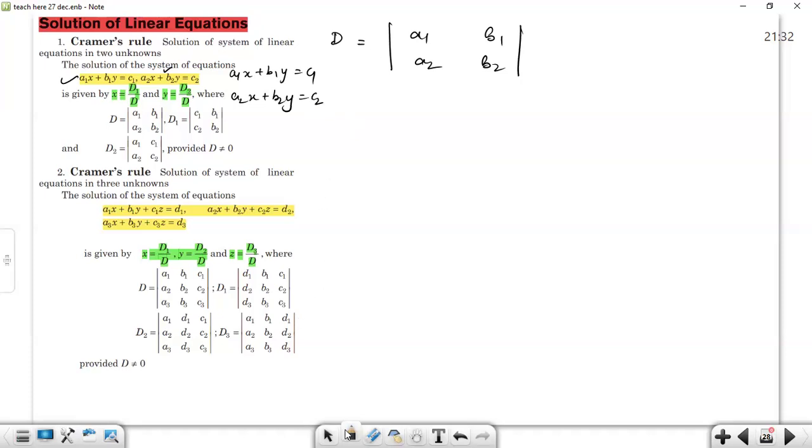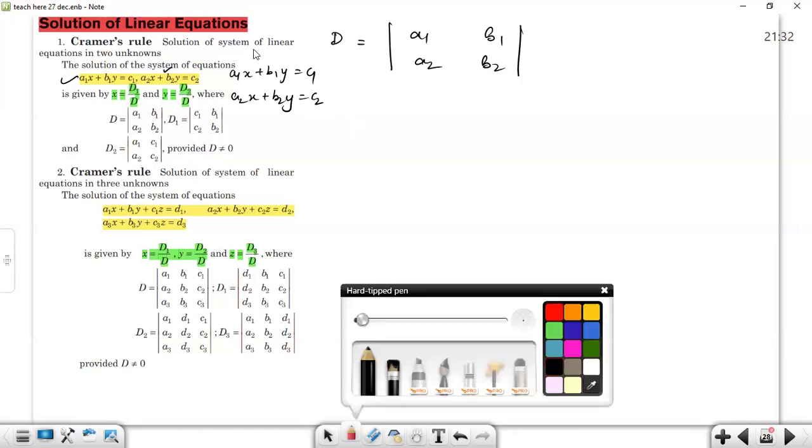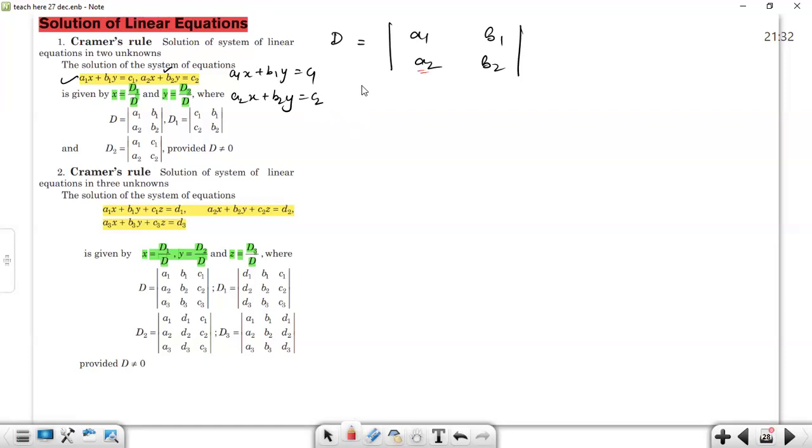If we replace the first column with c1 and c2, it becomes d1. The second column stays intact. This will be known as d1. For d2, the first column will be intact and the second column will be replaced with c1 and c2.